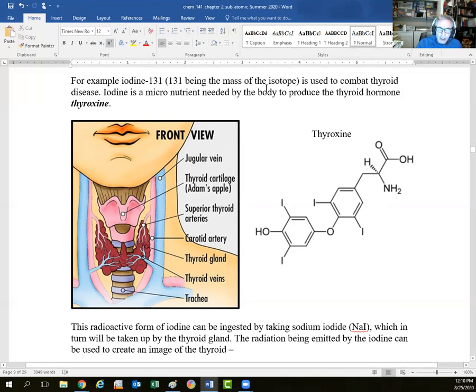This is what we call a line angle formula, where we're just highlighting, for the most part, the chemical bonds between carbon atoms in the molecule. And so every time the line changes direction or changes thickness, that's the implied position of a carbon atom. And the majority of organic molecules are made up of carbon and hydrogen.